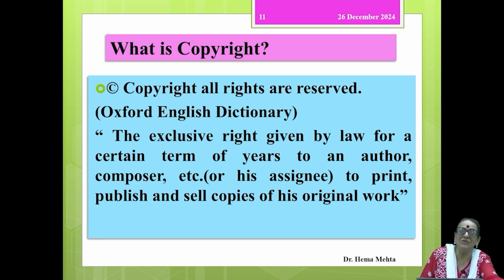The exclusive right, this is given by law. So when we are talking about law, we are speaking with reference to the Copyright Act of 1957. For a certain term of years to an author, maybe to a composer, or to an assignee to print, to publish, and sell copies of his or her original work.